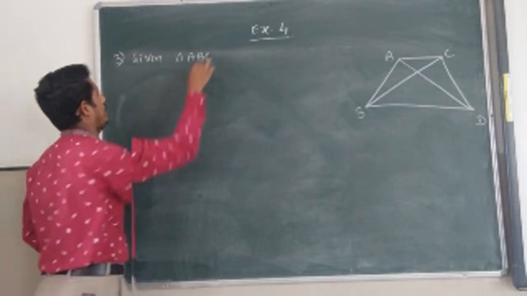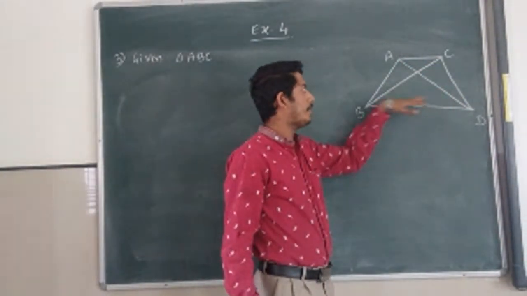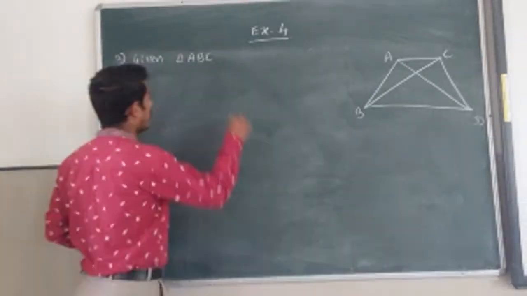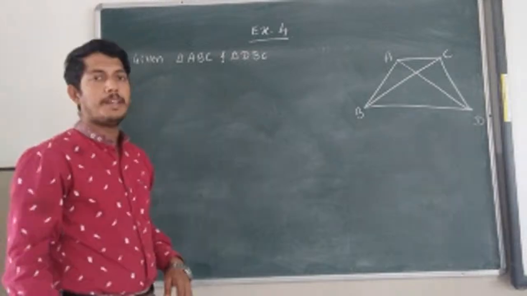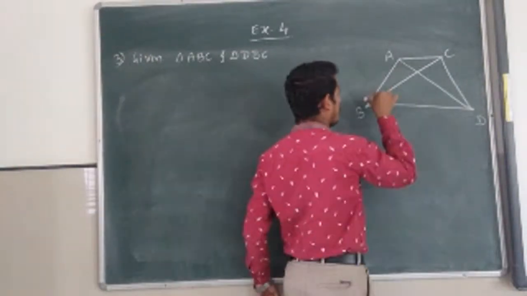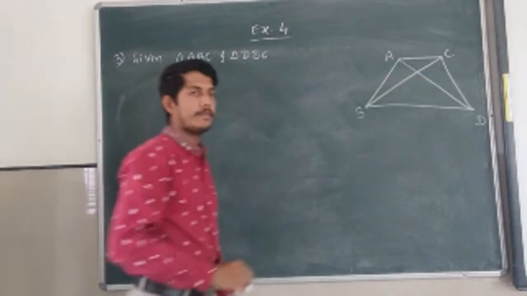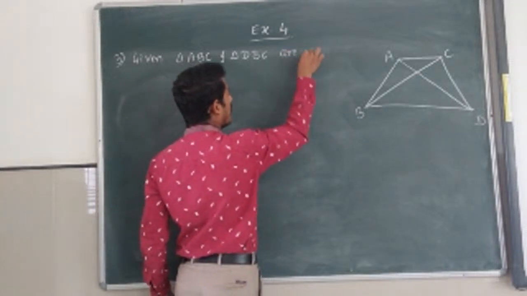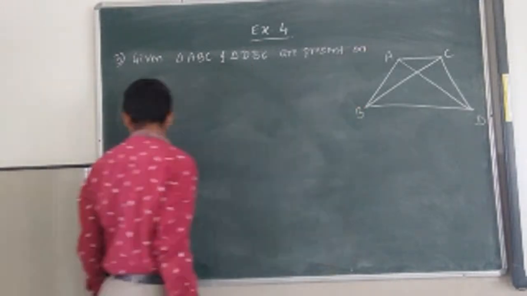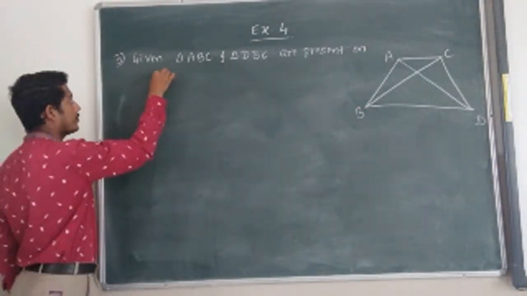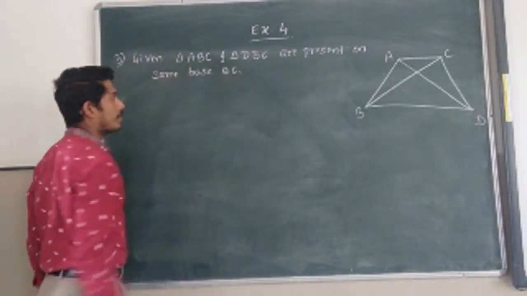Triangle ABC is the upper triangle and the lower triangle is DBC, and both are present on the same base BC.